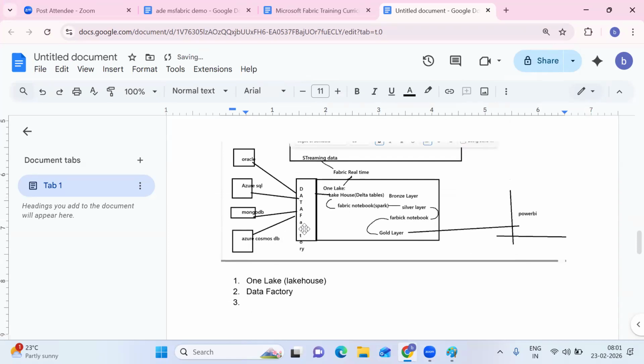Without Data Factory, directly with the Fabric notebook also you can connect with the source systems and extract data. But for extracting and loading, Data Factory is good. For processing, Fabric notebook is good. Actually, Data Factory is for ELT, but I use Data Factory only for EL. That means extract and load only. So transformations I will be doing with Fabric notebooks.